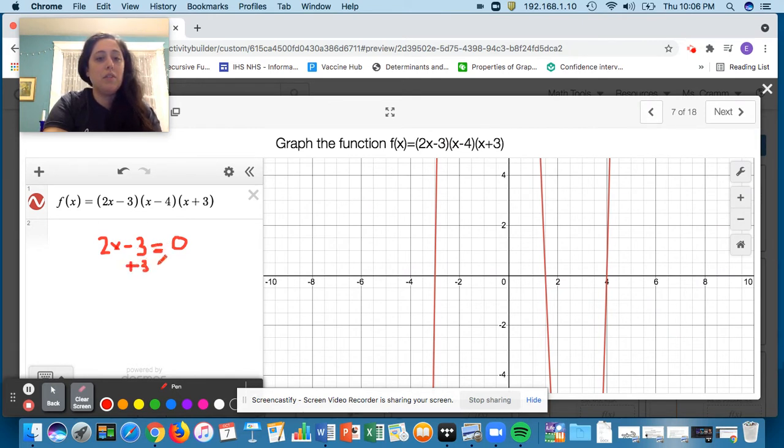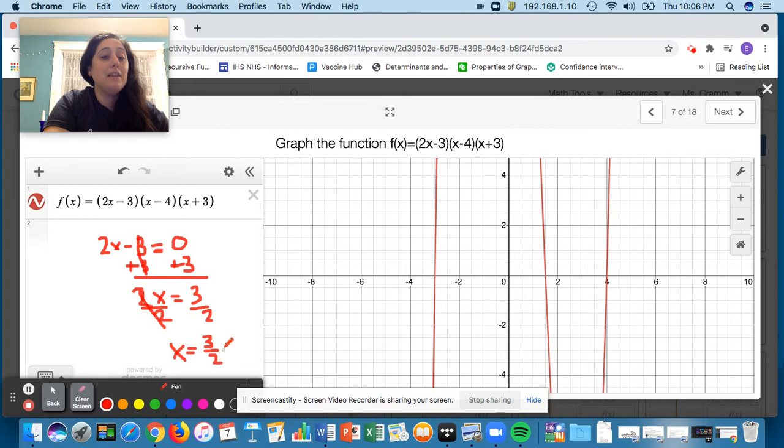So +3 on both sides. 3. All right, I'm going to divide by 2. Okay, so it looks like x would be +3/2. And if I did that division, I would get 1.5, right? So you can do the decimal or the fraction version.